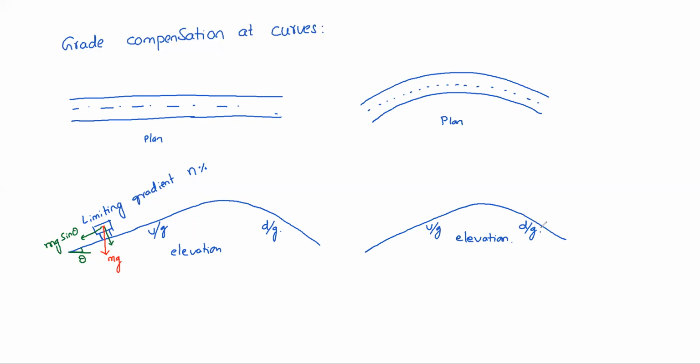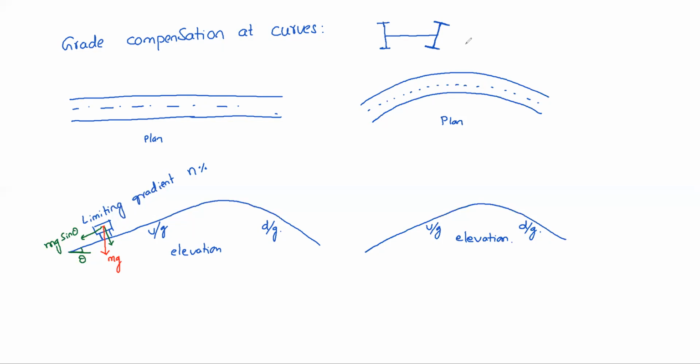Then what happens in a curve actually? Suppose we take a vehicle like this. Otherwise I will draw only the wheelbase. In curves, the front wheels you can observe like this, with a little tilt.